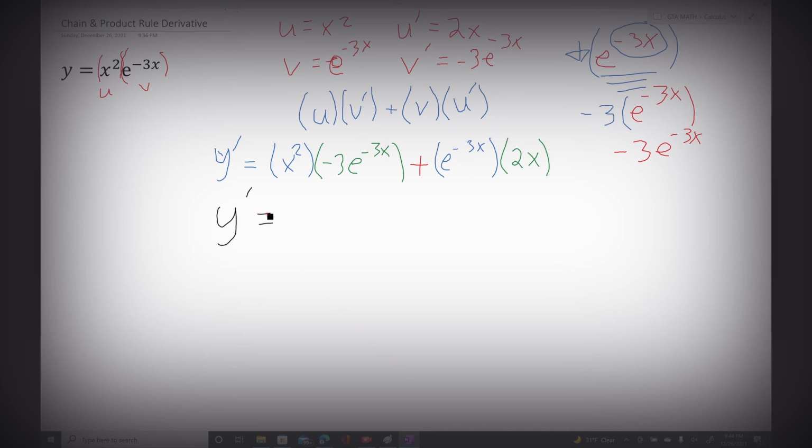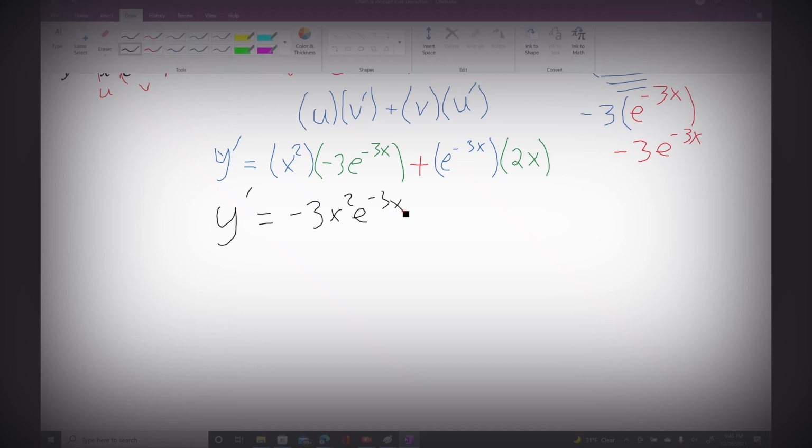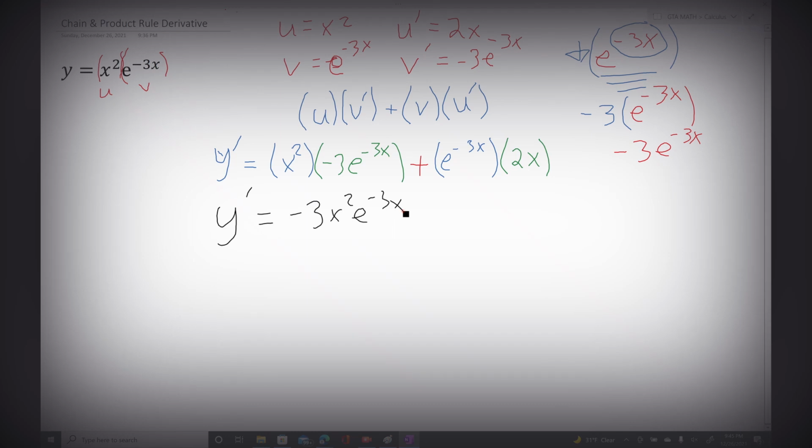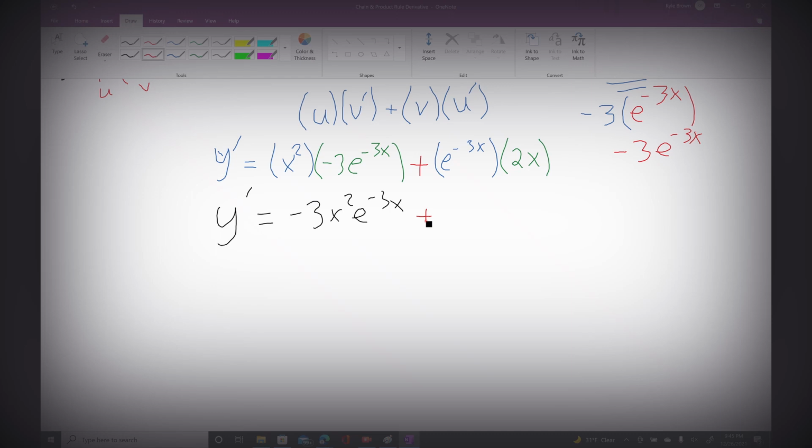So x squared times negative 3 e to the negative 3x. I'm going to write it as negative 3x squared e to the negative 3x. However you choose to write it is completely up to you. I just like to put my x's before other variables because that's just kind of how I'm trained at this point in life.